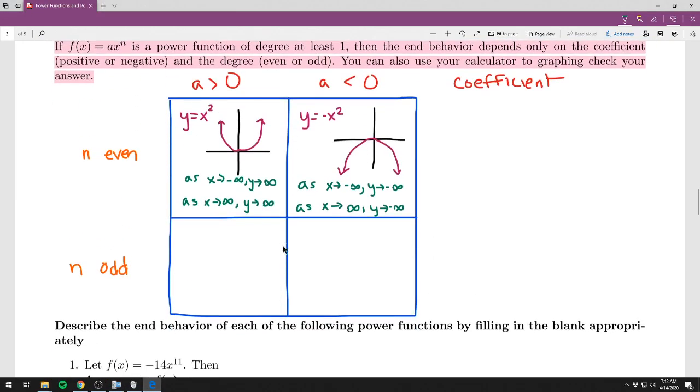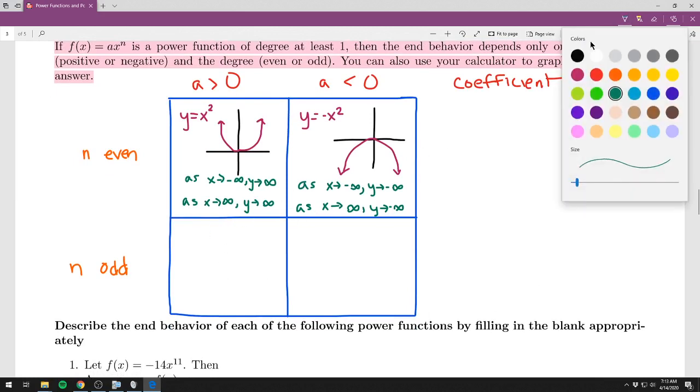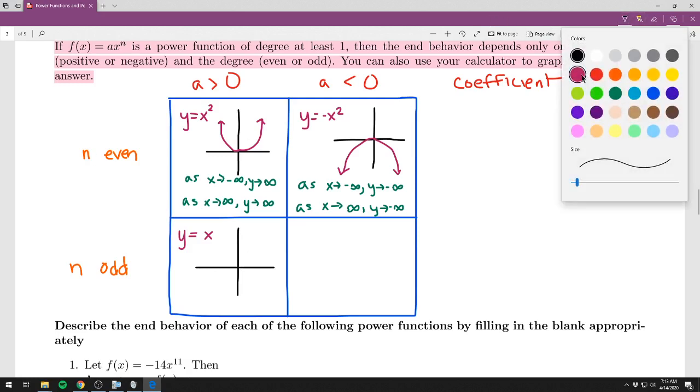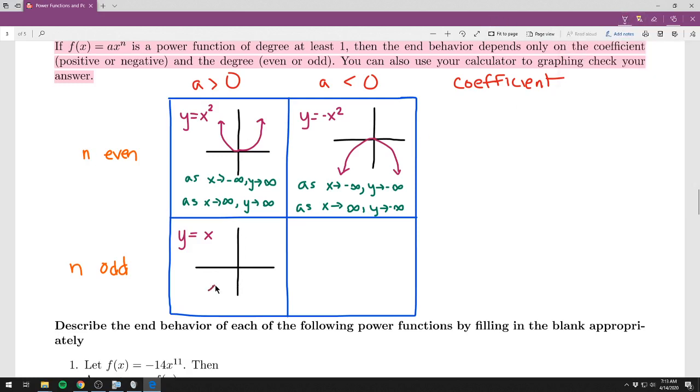And now when n is odd, you can think about y equals x, because that's a line and you know what it looks like if a is positive. Odd powers work just like the evens. Y equals x, that's a line with slope 1. It's supposed to pass through the origin, I missed a little bit.